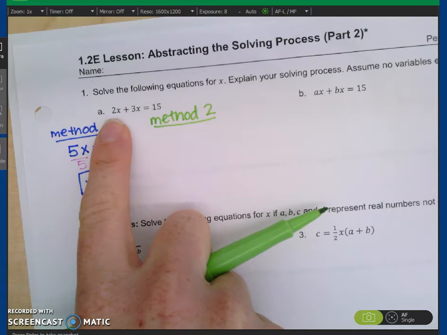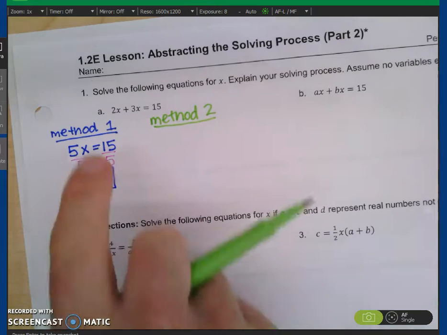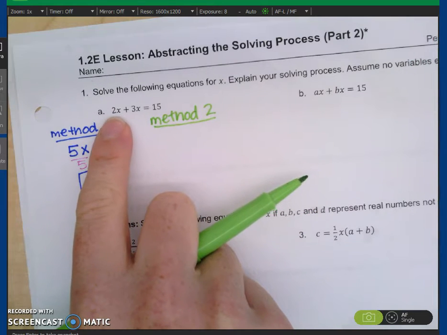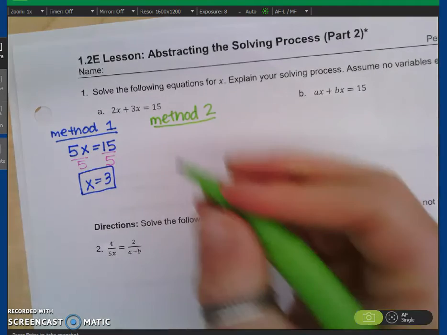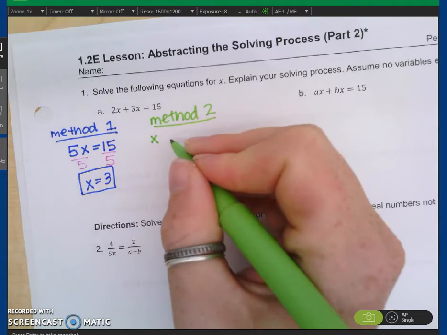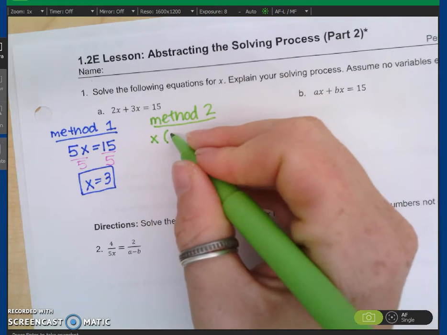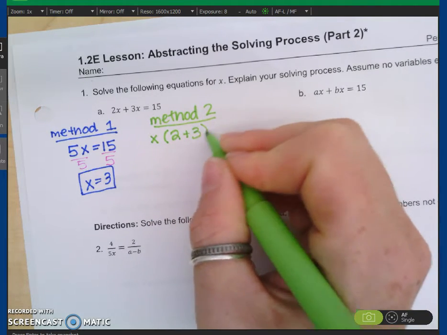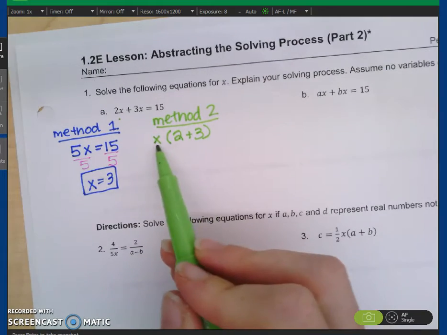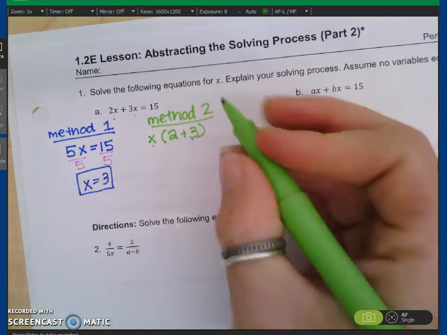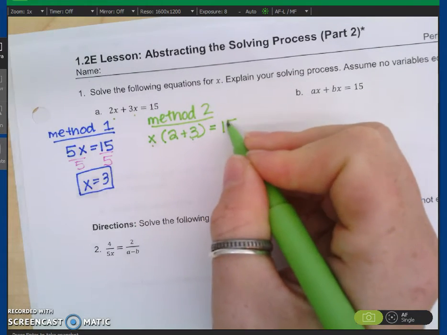And remember, factors are numbers that multiply to make the number. What's a number that multiplies to make 2x that also multiplies to make 3x? That's right, x. X times 2 plus 3, because x times 2 is 2x and x times 3 is 3x equals 15.